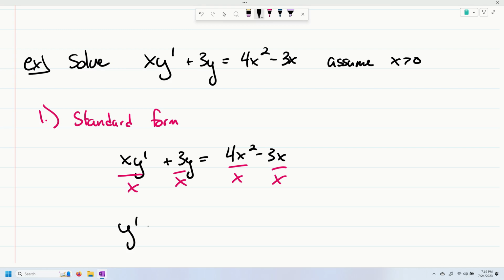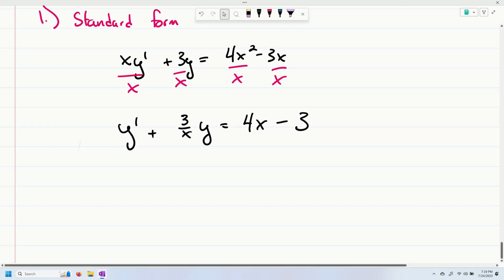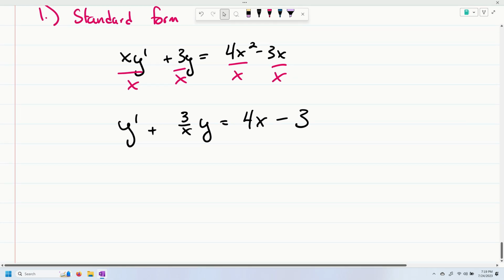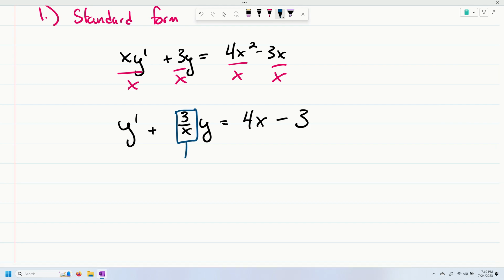That's going to give me y prime plus 3 over x y equals 4x minus 3. Now just to label things so we can see everything. 3 over x is going to be p of x. The quantity 4x minus 3 is q of x. So we're in standard form.